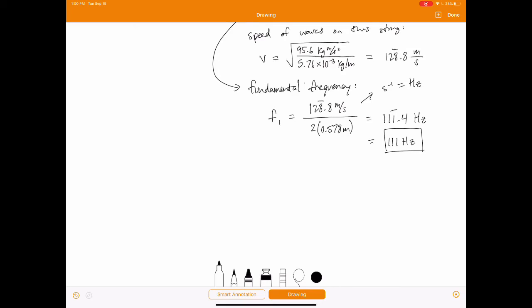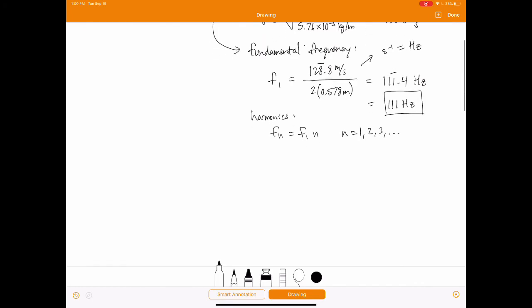But now that we know the fundamental, getting the harmonics is super easy, because remember, Fn is equal to F1 times n, where n is equal to 1, 2, 3, any integer. So we already have F1. F2 is going to be F1, which is 111 hertz, times 2, which would give us 222 hertz.